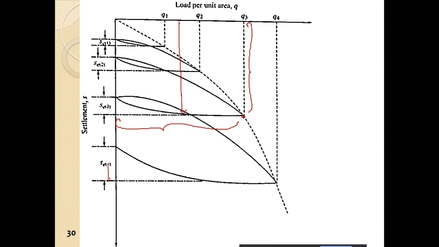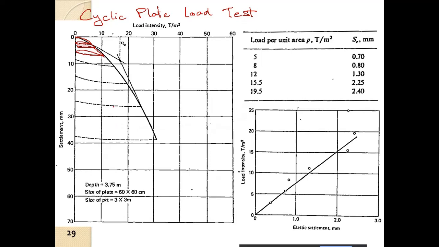So this is the elastic release. Suppose this is the maximum displacement. Then it was released, so this is the elastic settlement and this is the plastic deformation. This is the total deformation, so this part is the plastic deformation and the rest is the elastic deformation.